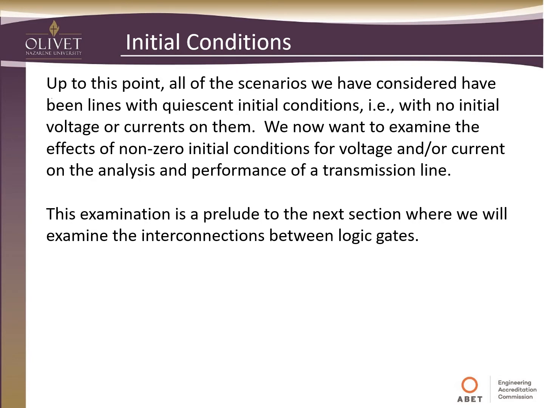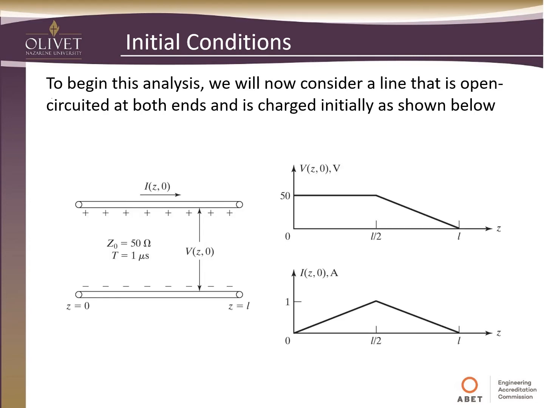So I just want to give you these tools, put in your tool bag, and this is a little bit of a prelude to looking at interconnection between logic gates, which is the condition I was just talking about, where this can happen.